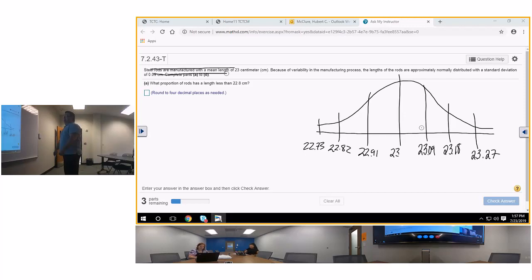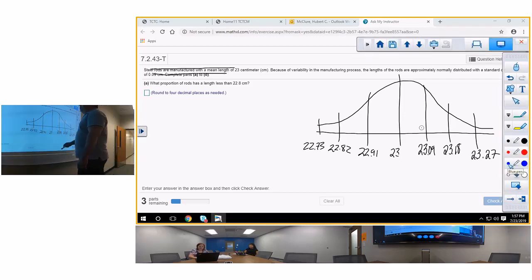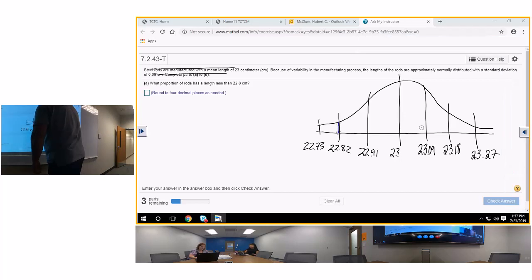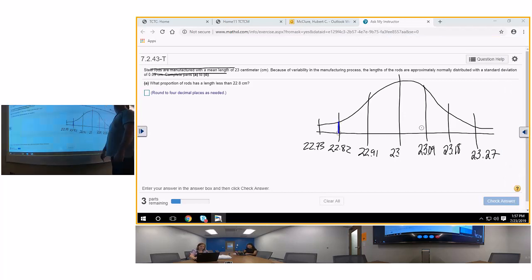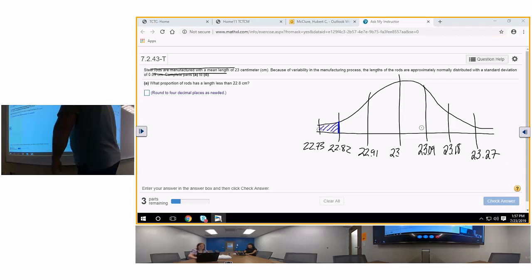All right. What proportion of rods have a length less than 22.8? So I go to my handy dandy blue marker, and 22.8 is going to be right beside 22.82. Are we looking for the left or the right? The left. So turn 22 into 22.8 minus 23 over 0.09. Somebody give me a z-score.